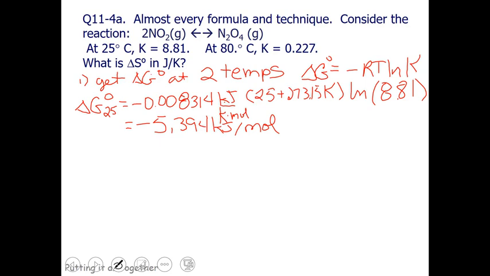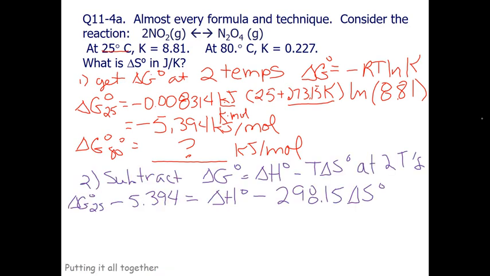Our temperature of 25 degrees Celsius, we are of course going to correct to units of Kelvin by adding 273.15, times the natural log of 8.81. So that turns out to be minus 5.394 kilojoules per mole. So your job is to repeat this at 80 degrees and solve for delta G naught at that temperature.